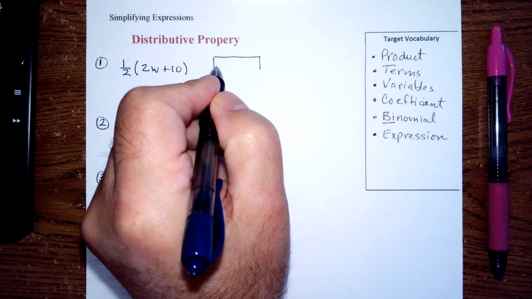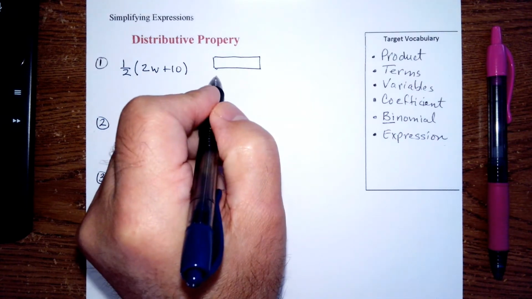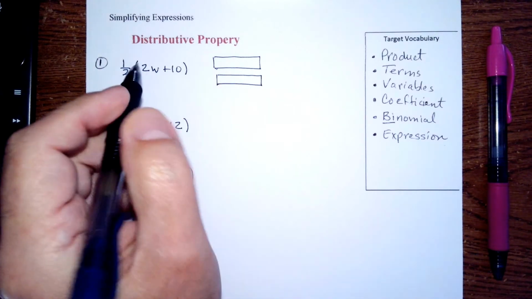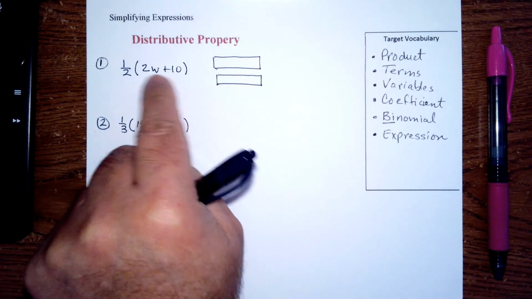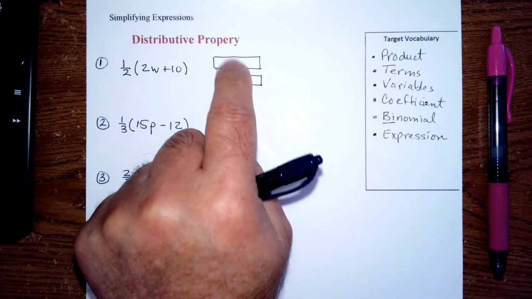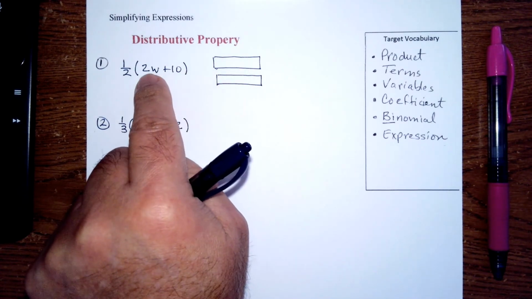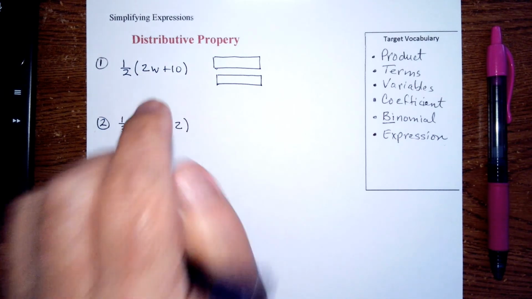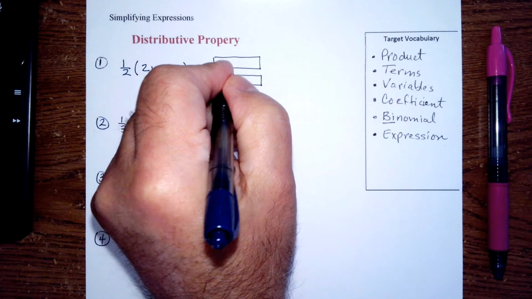Let me draw two equal parts over here. I'm going to take everything that's inside and fill these bars with the information that's inside. How many W's? 2. So I'm going to split 2W into two parts. So I'm going to have a W here.